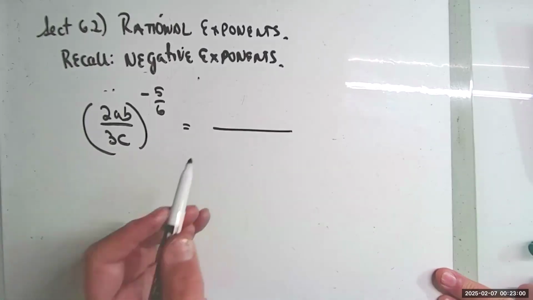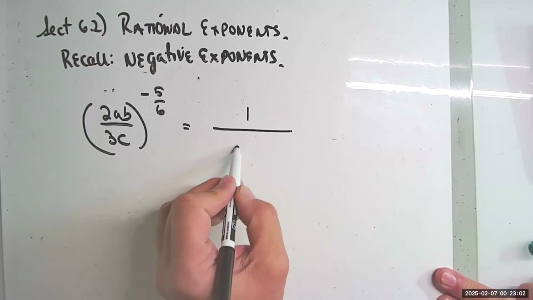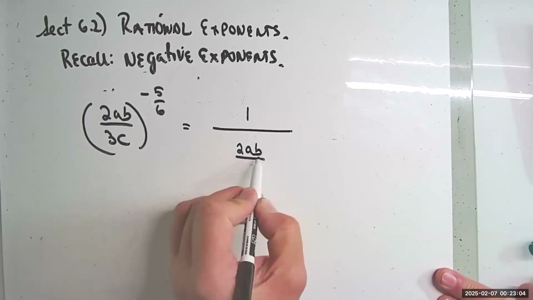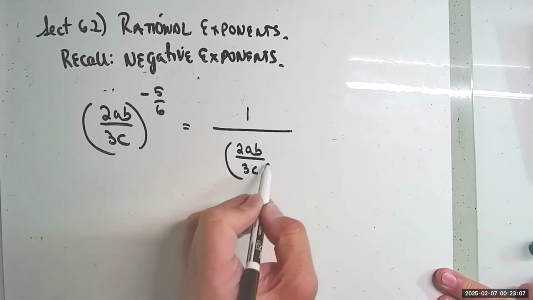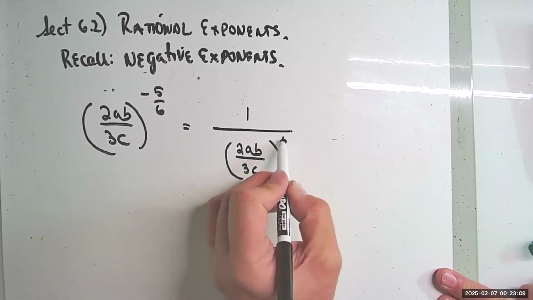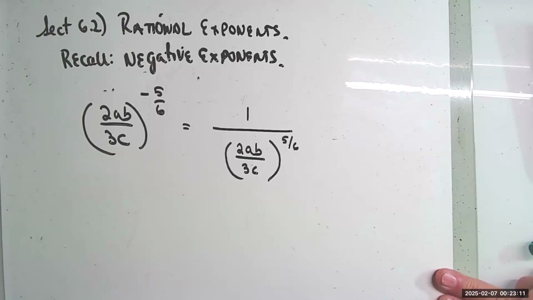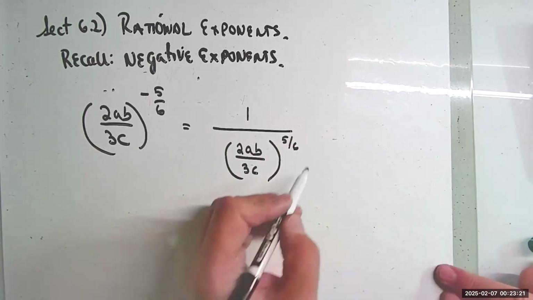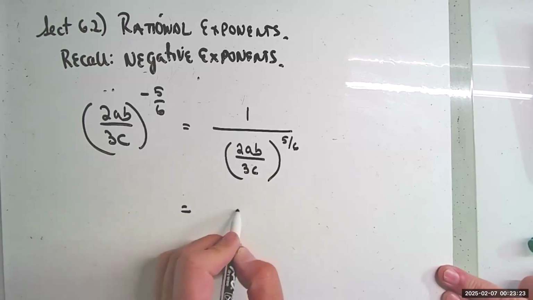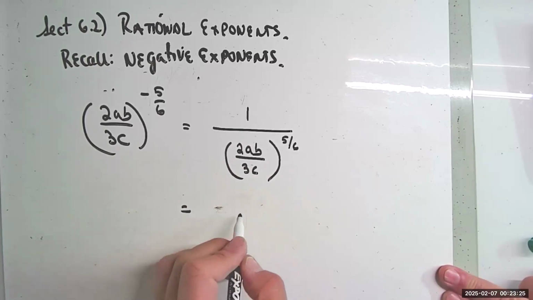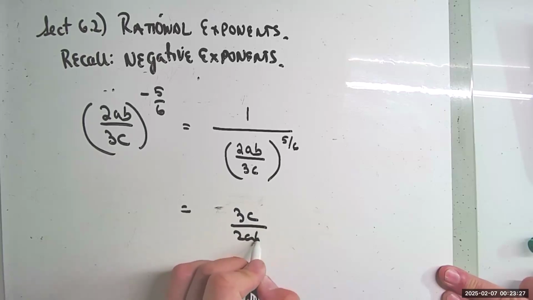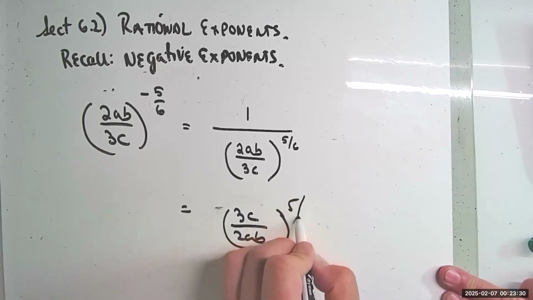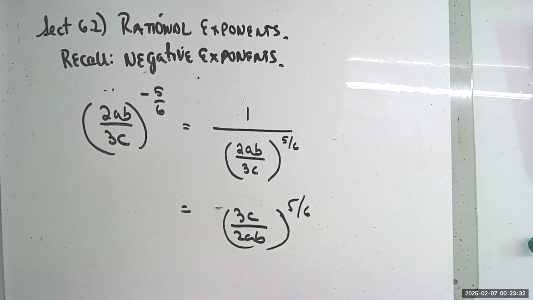This is the same thing as 1 over 2ab over 3c raised to the 5 over 6. But the reciprocal of this will be the other way around. That will be 3c over 2ab raised to the 5 over 6. We just simply take the reciprocal.